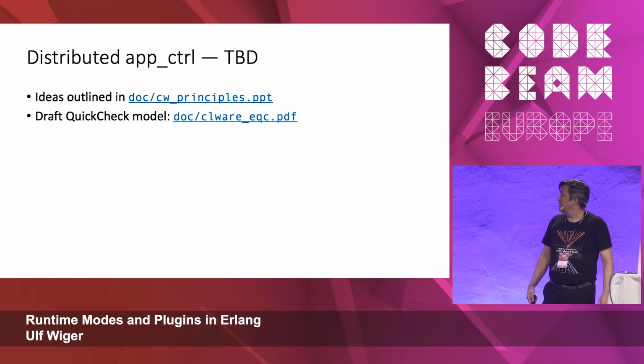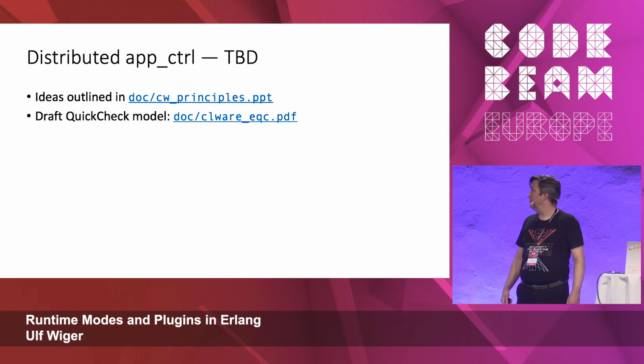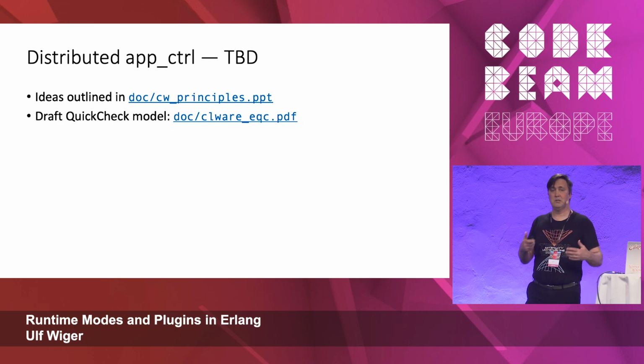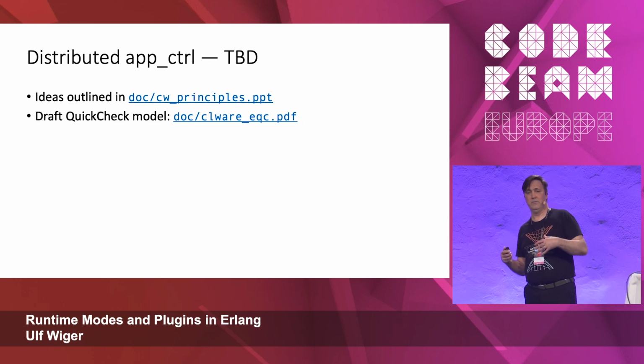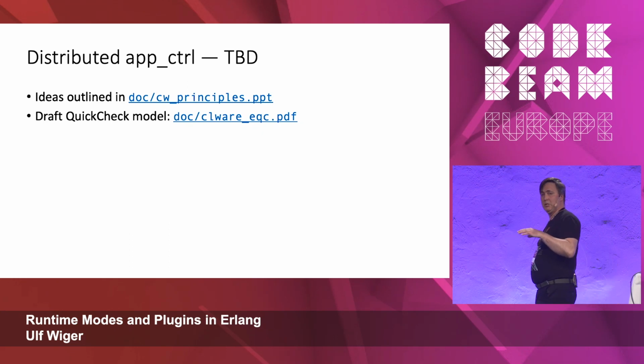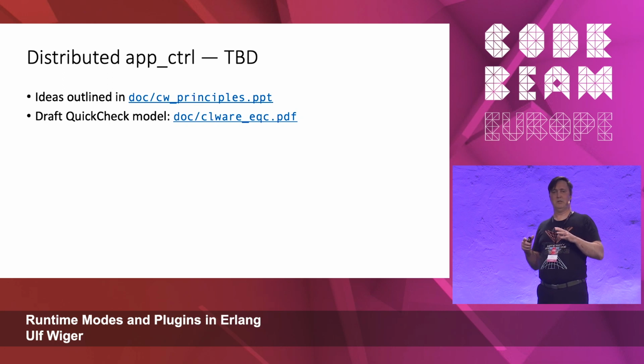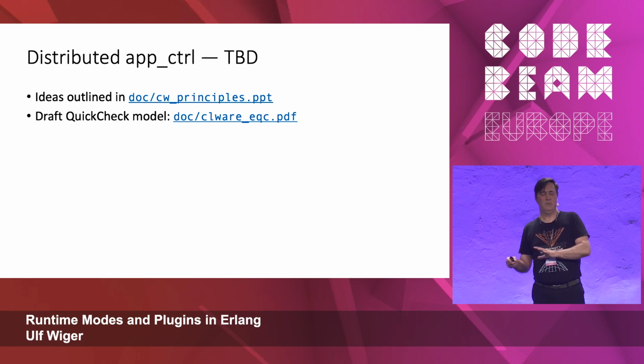Now, for distributed application control, very quickly, there is a PowerPoint in the app control repository where I outline some of the principles borrowed from the RCM project. John Hughes actually wrote a QuickCheck model, or an attempt at QuickCheck modeling. We thought we would try this approach, to do a sketch, do a QuickCheck model, and then write the code.